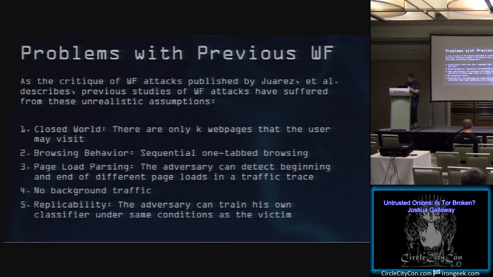Now, all these studies are usually done on somewhere between 50 and 500 hidden service pages, whereas the number of hidden service pages is somewhere in the millions. So, to fingerprint all of them would be quite an undertaking.